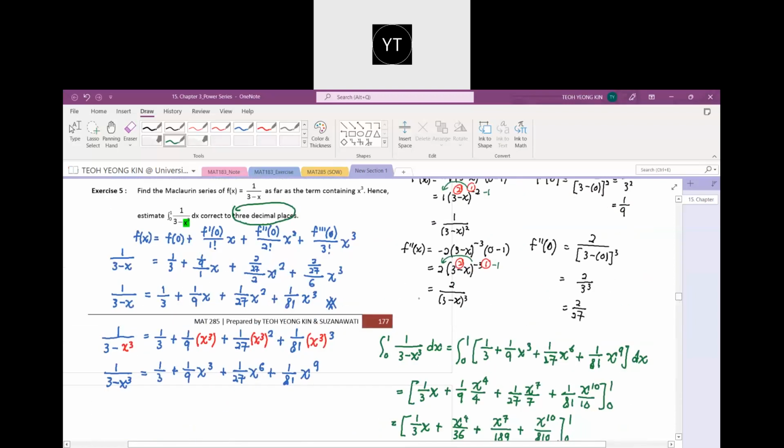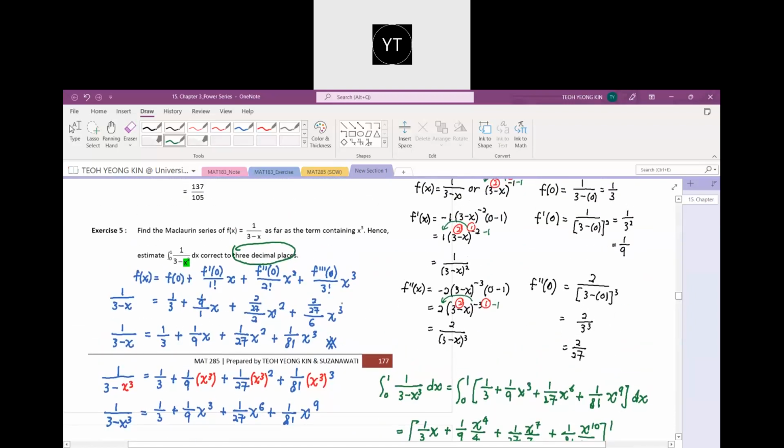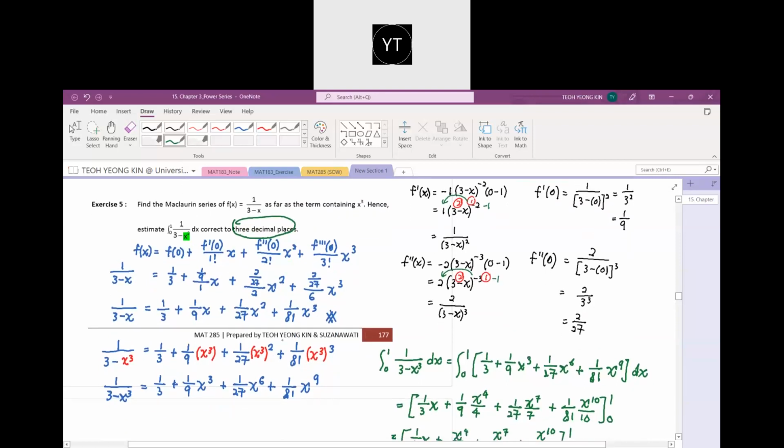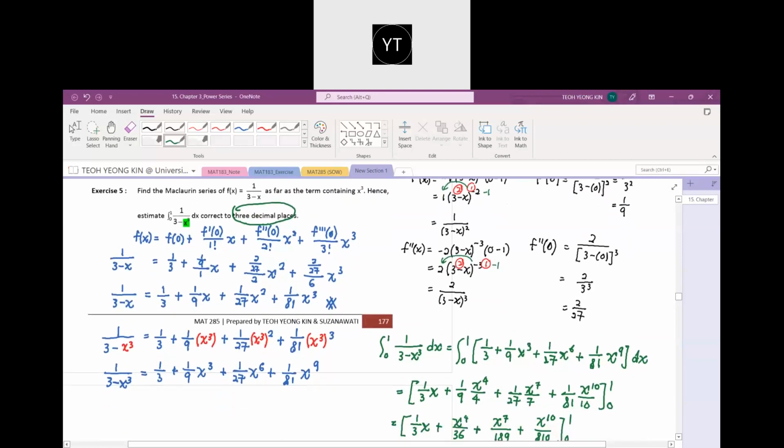What you need to pay attention to is that this part is actually the same. First, f(x), substitute 0, differentiate, substitute 0, differentiate, substitute 0. This is the Maclaurin series. Only now, this part is changed to x cubed.